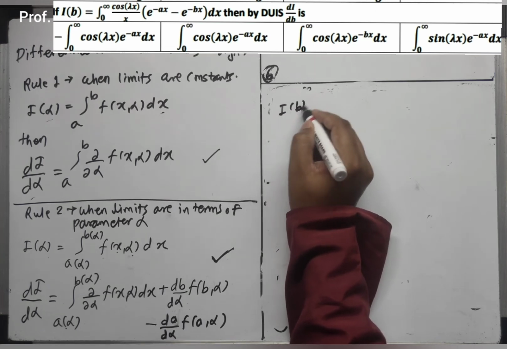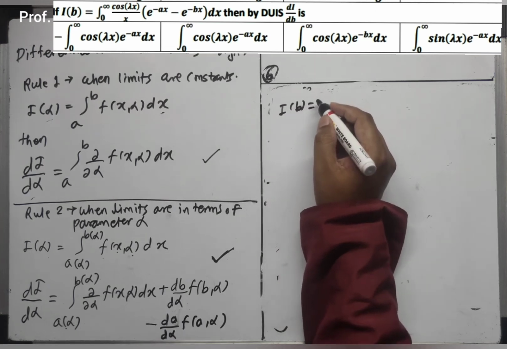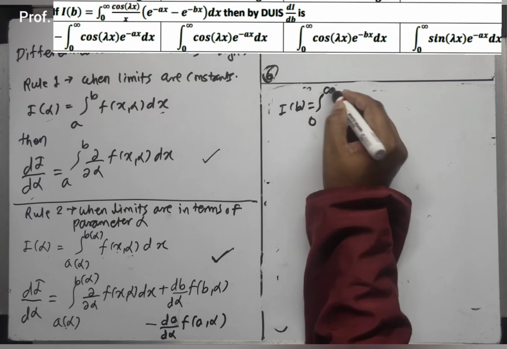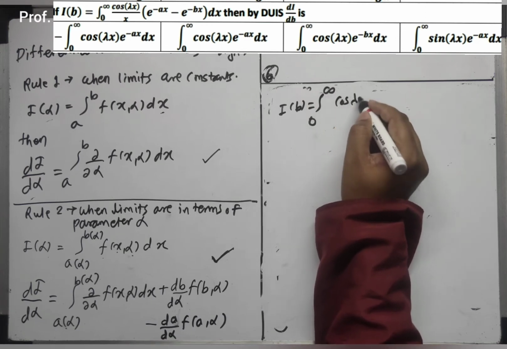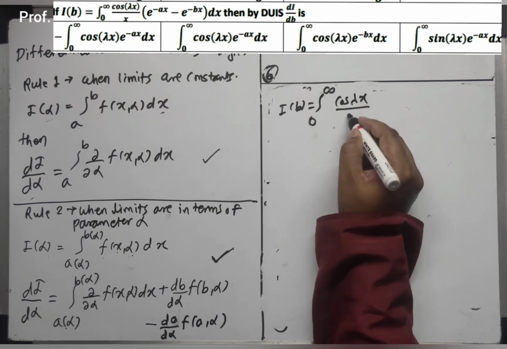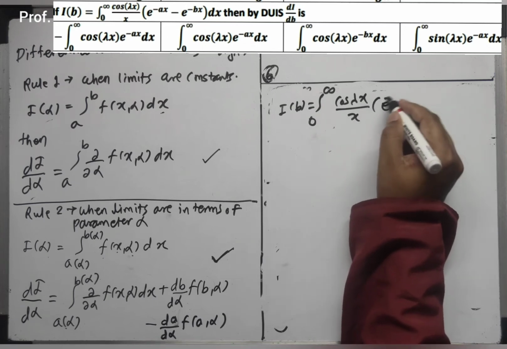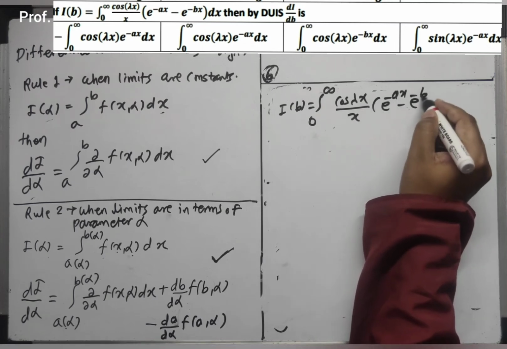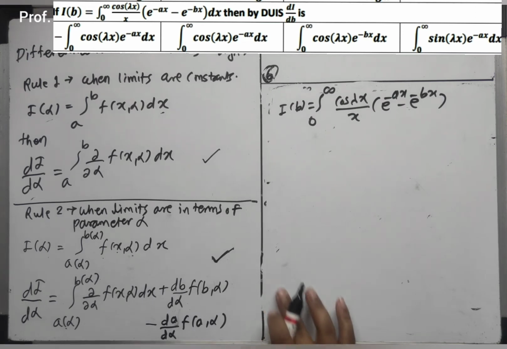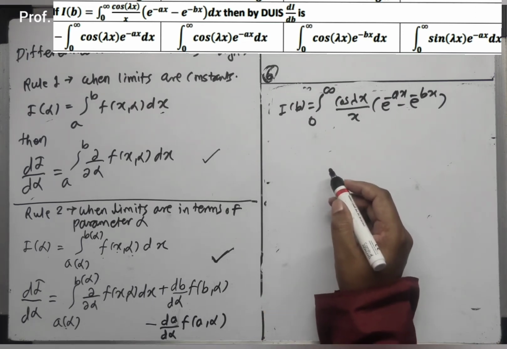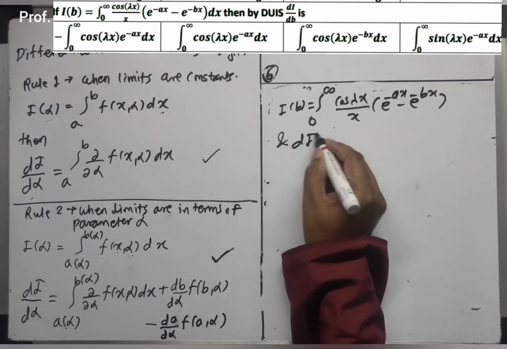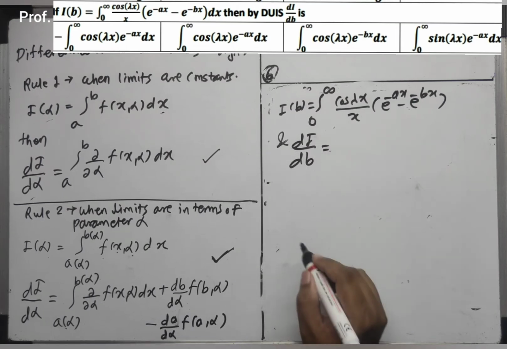I of b is given as integration 0 to infinity cos lambda x upon x into e raised to minus ax minus e raised to minus bx. Then, okay, let us consider this di by db.